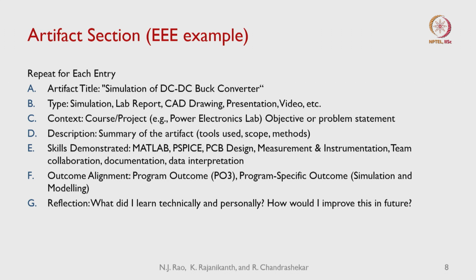Then reflection, what did I learn technically and personally? How would I improve this in future? If you are able to do it truthfully to yourself. This can be private, it may or may not be shared, but if you are able to do that, you would grow personally very much, and this becomes very important.